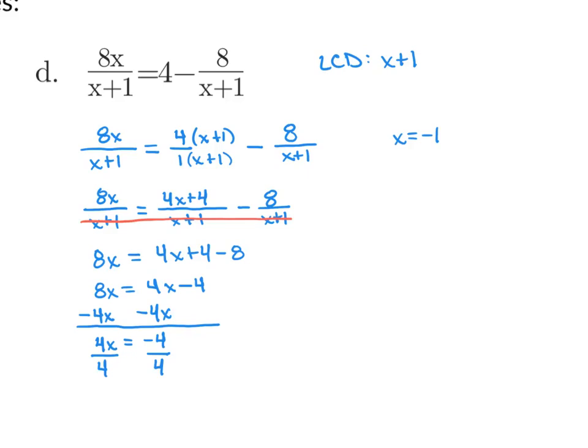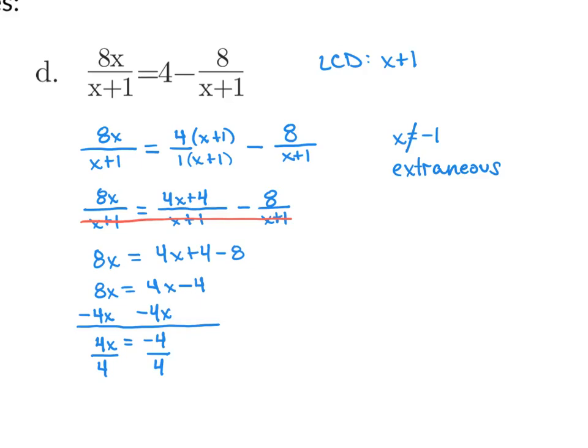All right, our check step. If I plug this into my denominator in the first one, negative 1 plus 1 is 0. So I cannot keep this as a solution because remember, we are never allowed to have denominators of 0. Let me go ahead and say this first, we actually have a special name for this. This is called extraneous.